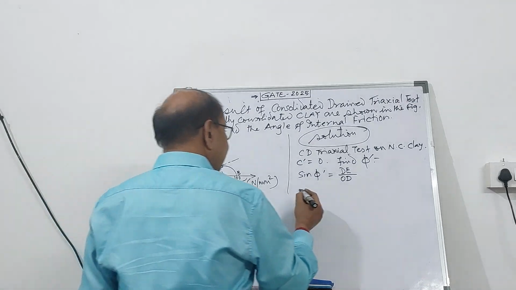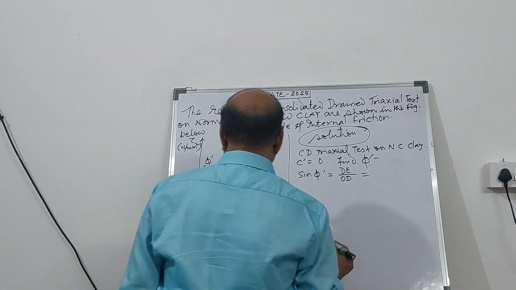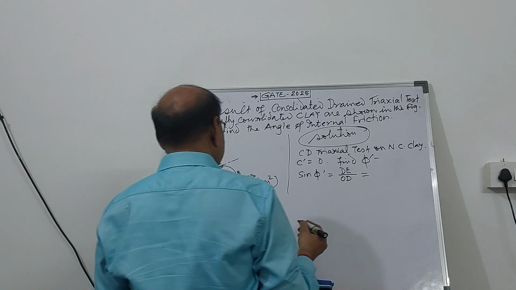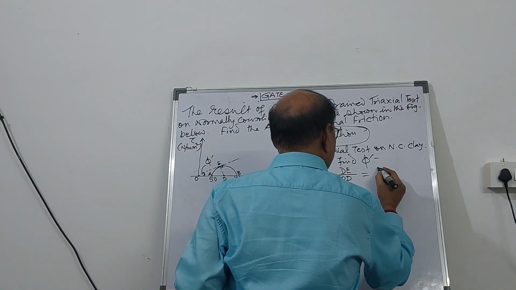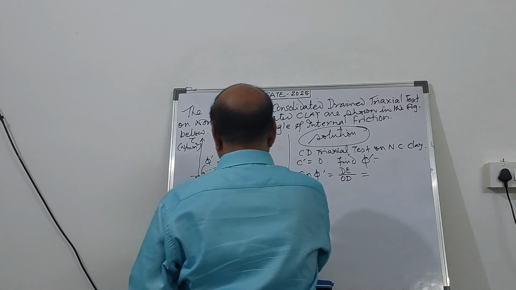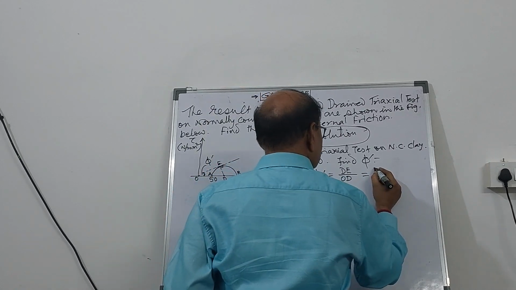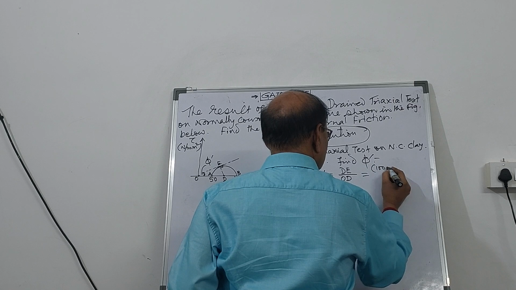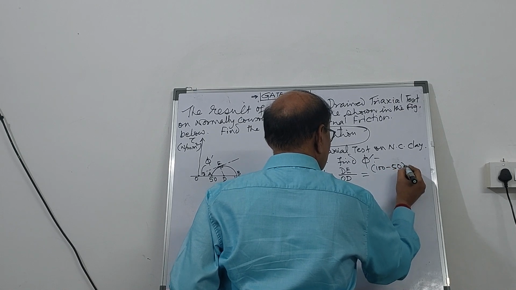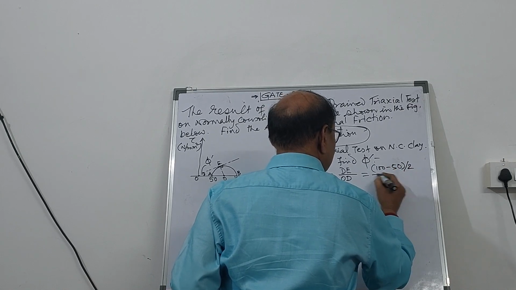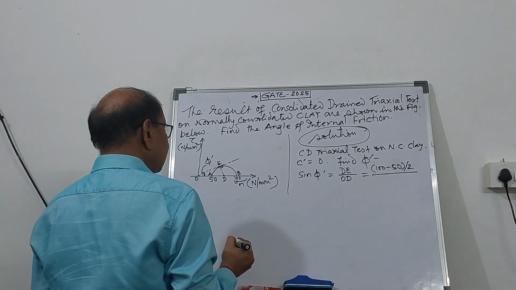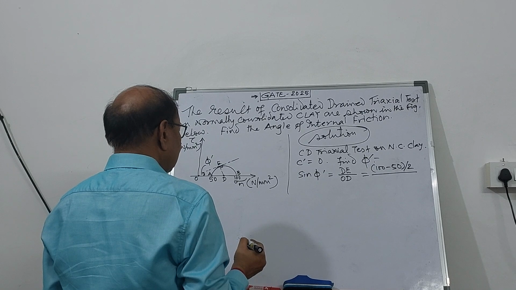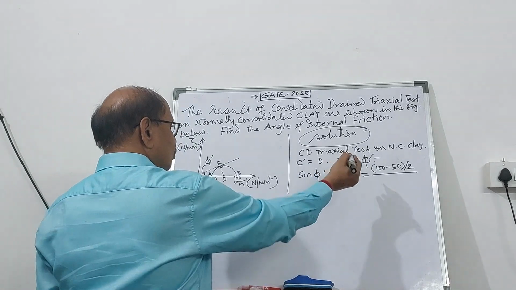The diameter is going to be 50, so the radius is 100 minus 50, whole divided by 2, that becomes 25.